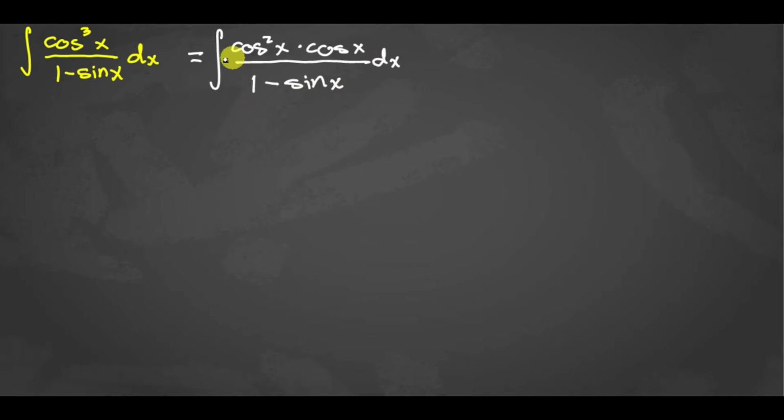Now, using the trigonometric identity, cosine squared x is equivalent to 1 minus sine squared x, and notice that this is a difference of squares, which has factors 1 minus sine x multiplied by 1 plus sine x.